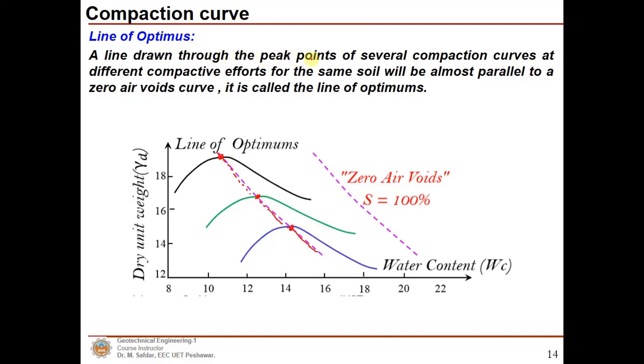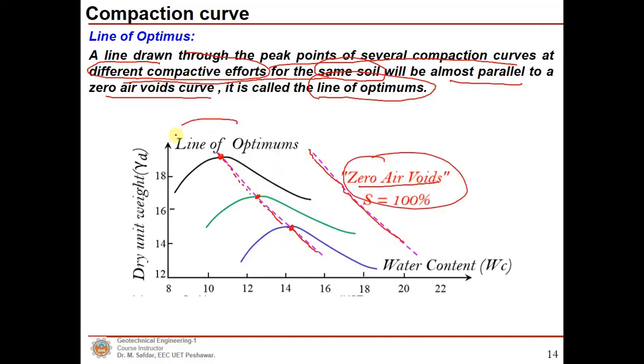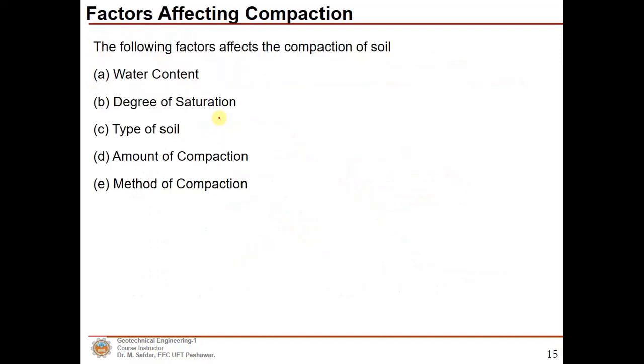A line drawn from the peak points of several compaction curves at different compactive efforts for the same soil will be almost parallel to the zero air voids curve, and that line is known as the line of optimums. The zero air voids line and the line of optimums are approximately parallel.